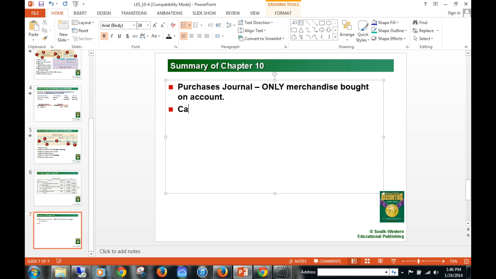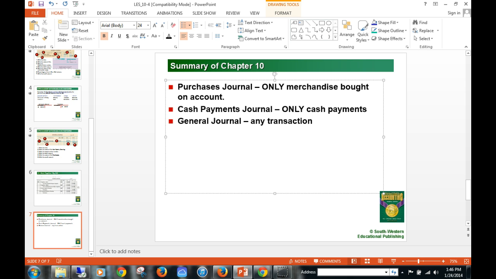We also talked about the cash payments journal, which records only cash payments. And finally, the general journal: any transaction that can't be recorded in a special journal. Altogether, we have 5 journals in a partnership.